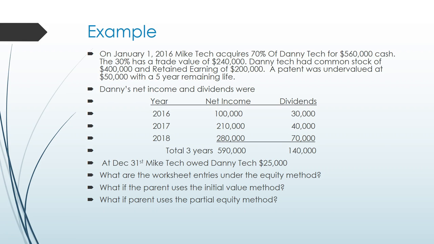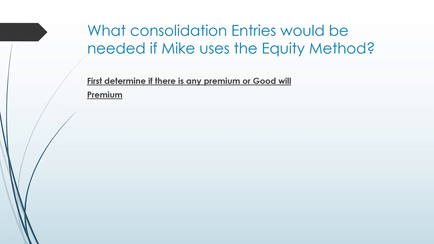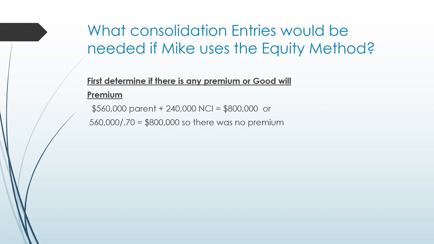What are the worksheet entries under the equity method, the initial value, or partial equity method? First, determine if there is any premium or goodwill. So, there is no premium because if we take 560 plus the 240 equals 800,000, or if we take 560 divided by 70%, you get 800,000, so there is no premium.